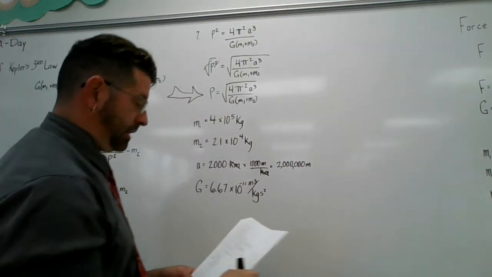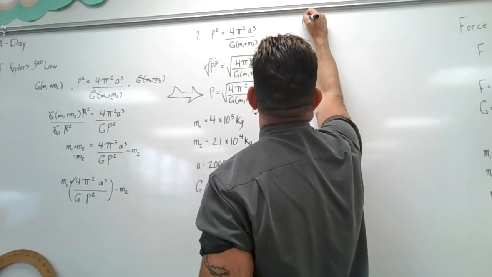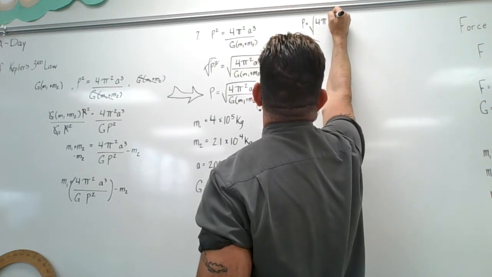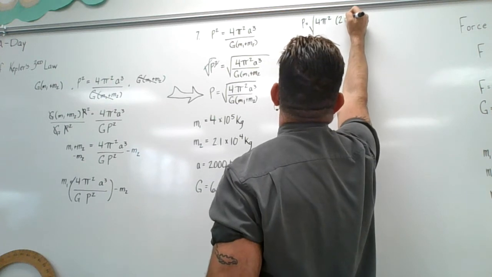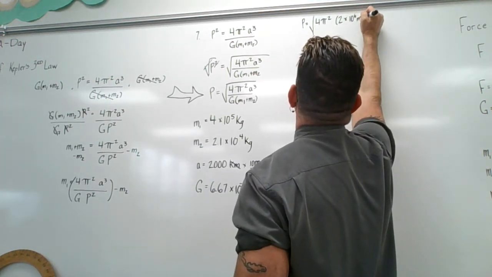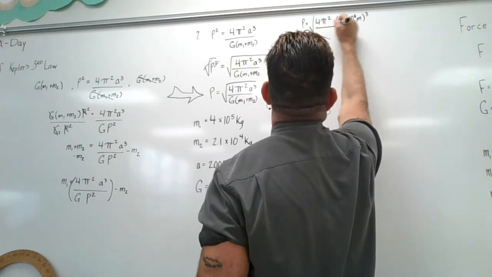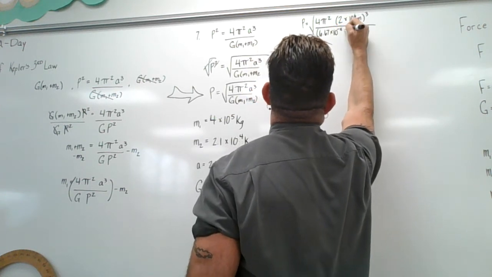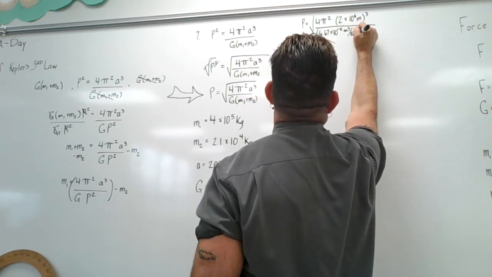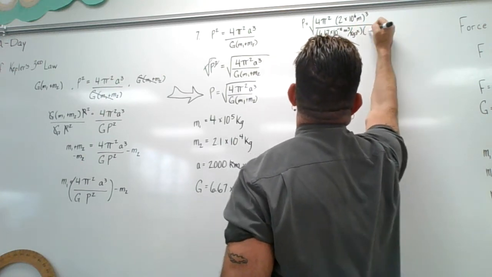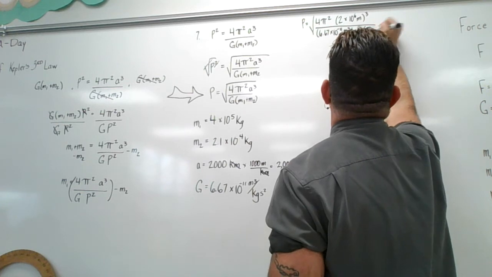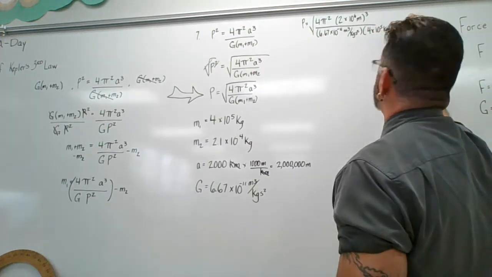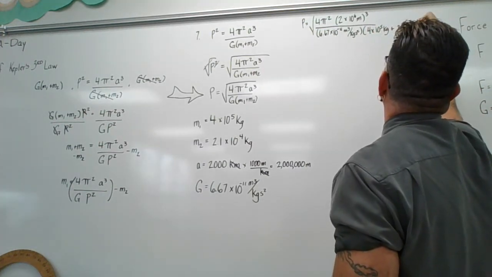Now we just plug all that stuff into our equation and say P equals the square root of 4 pi squared times 2 times 10 to the 6, or million meters cubed, divided by 6.67 times 10 to the negative 11th meters cubed per kilogram second squared, times 4 times 10 to the 5th kilograms plus 2.1 times 10 to the 4th kilograms.